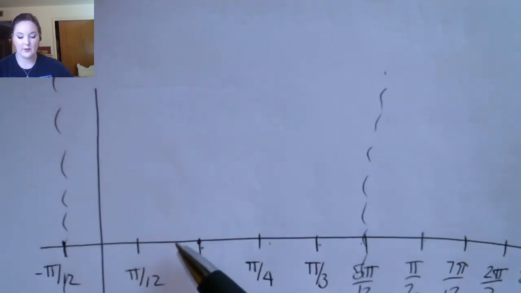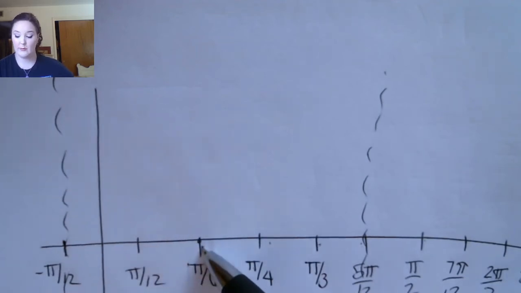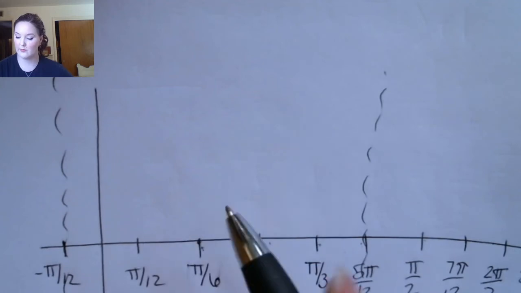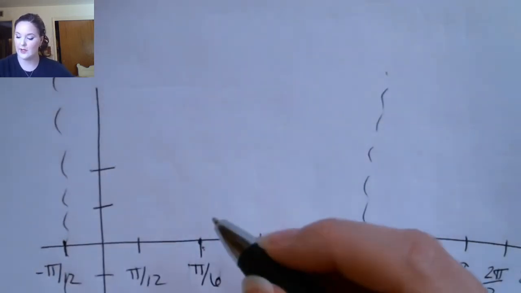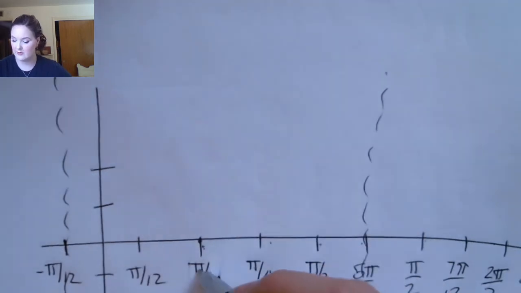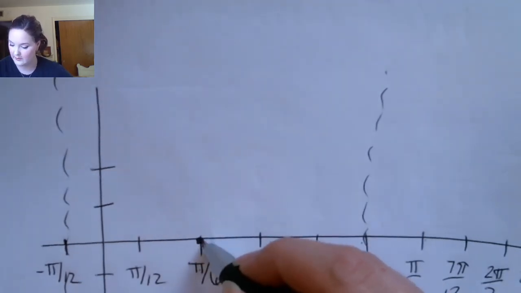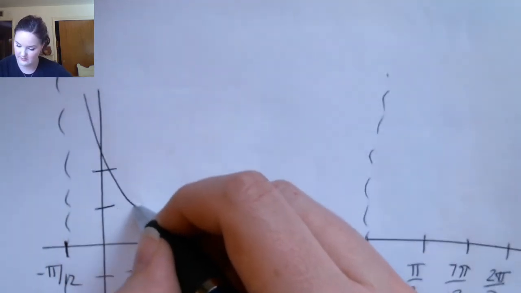Normally my key point here would be at 1. Remember, the y transformations are reflection and then move it up 1. So I'm going to reflect it and then move it up 1.